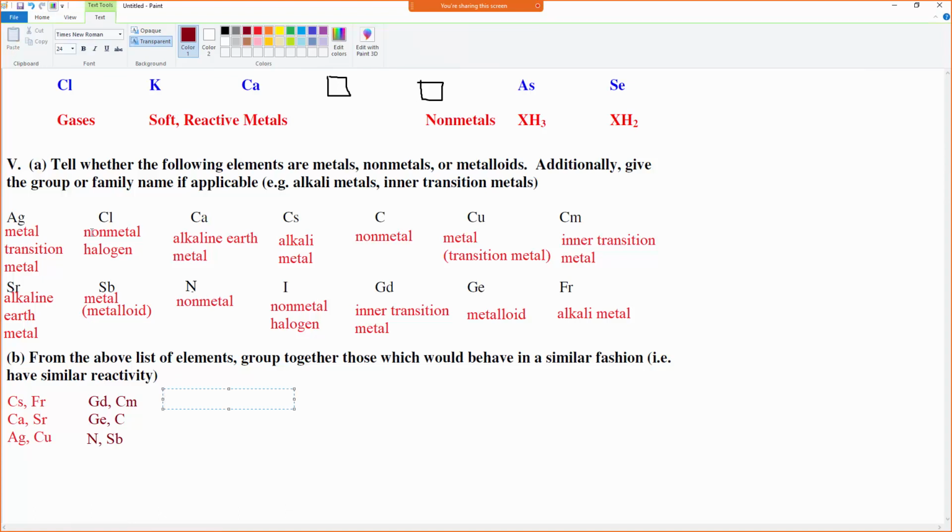I, that's right. Chlorine and iodine, both halogen nonmetals. Let's see, we got calcium and cesium, carbon, copper. Did we get them all? Looks like, I think so.